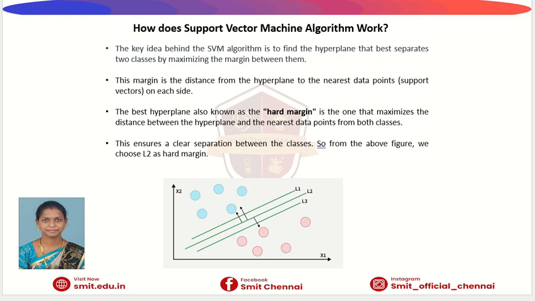How the algorithm works. When the computer runs SVM, it is not guessing. It is solving an optimization problem. It looks at all possible lines and calculates which one has the largest distance from the support vectors.